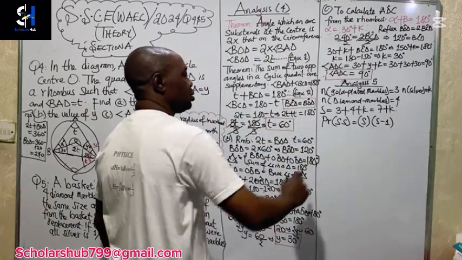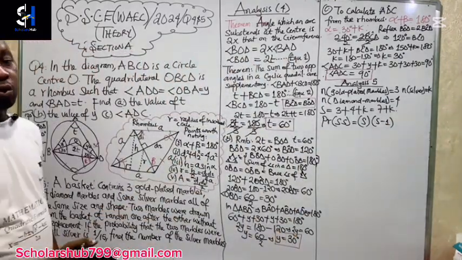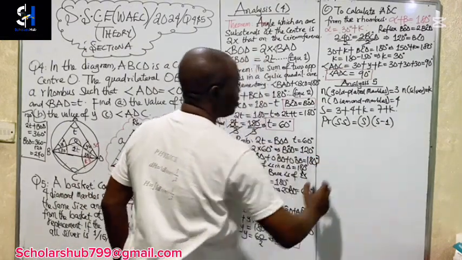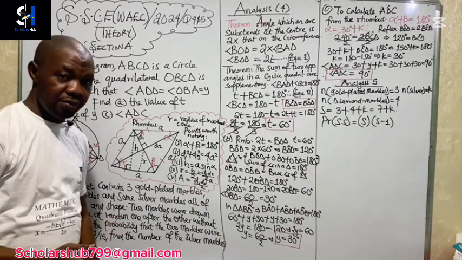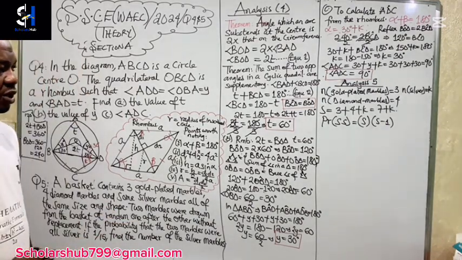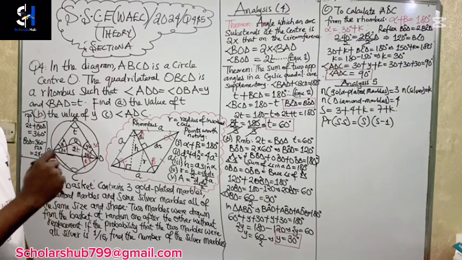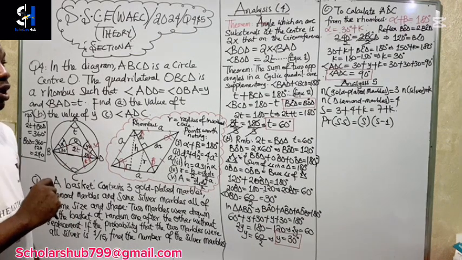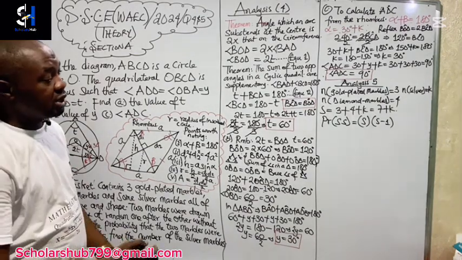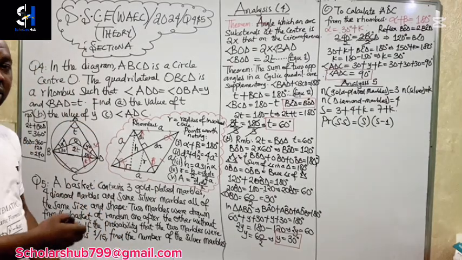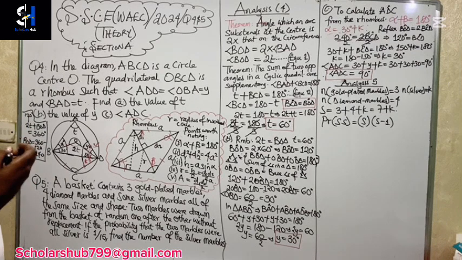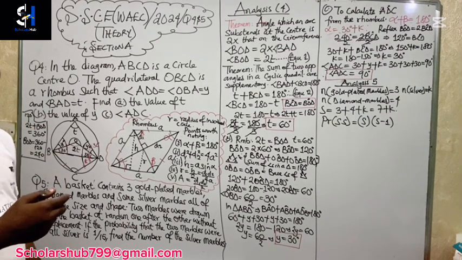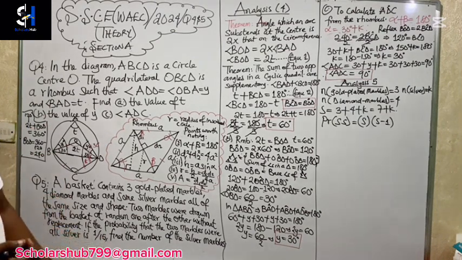I'm sure some of you will understand what this means. We use this in probability when it comes to without replacement. Now I'm going to show you what that means. S is silver, and the second time, two marbles were drawn without replacement. The first one is not replaced, so we subtract one.